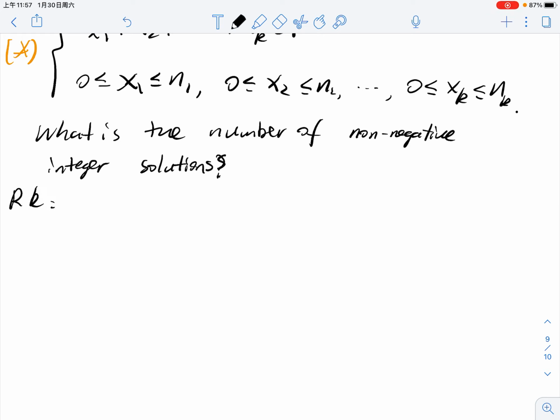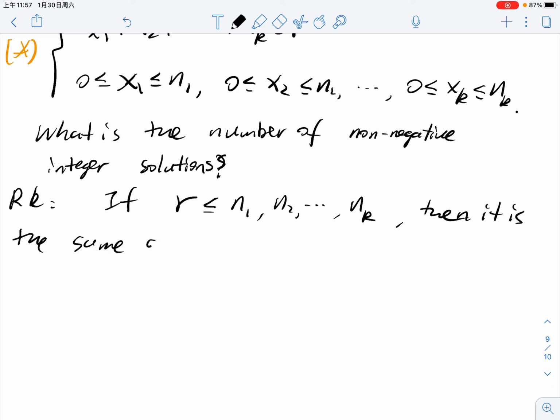Remark: if r is less than or equal to n1 through nk, then it is the same as the infinity case. If you are lucky enough, r is quite small compared to n1 through nk, then actually you don't have any restriction at all. In general, it is difficult to obtain a closed formula.